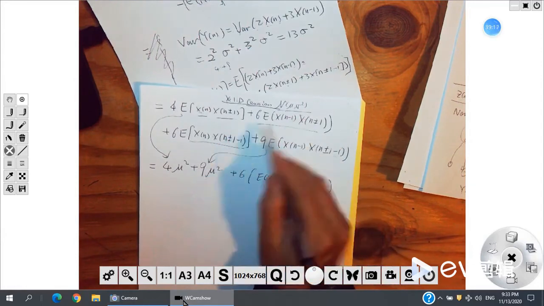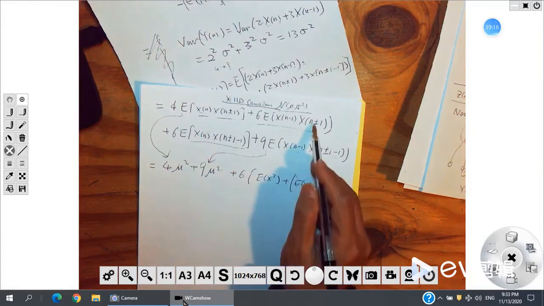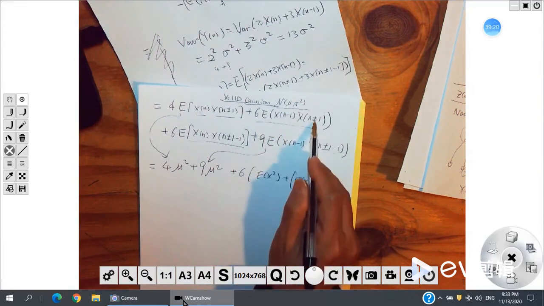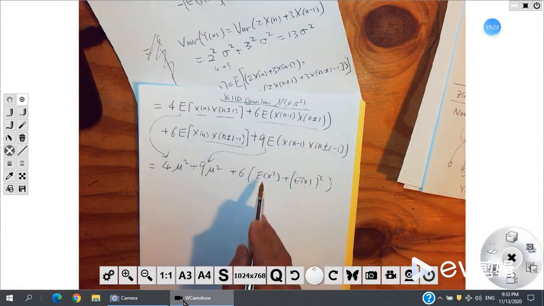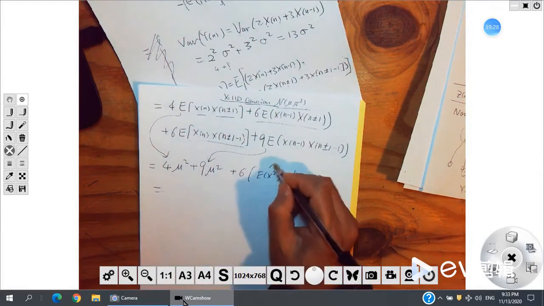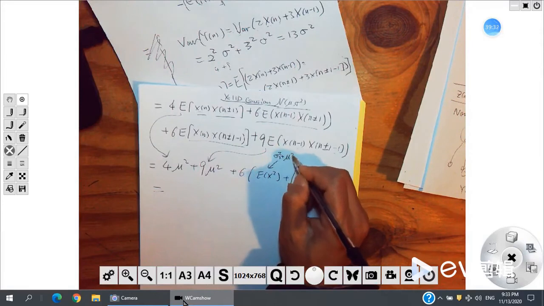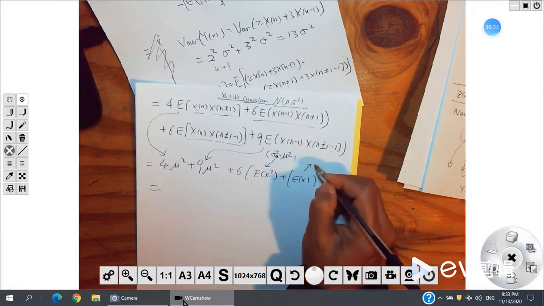So of these two, one is this, one is this. Depending, if this is negative, then this is this one. If this is positive, then this will be this one, and the other will be the other one. So this one will be sigma squared plus mu squared, and this will be mu squared.